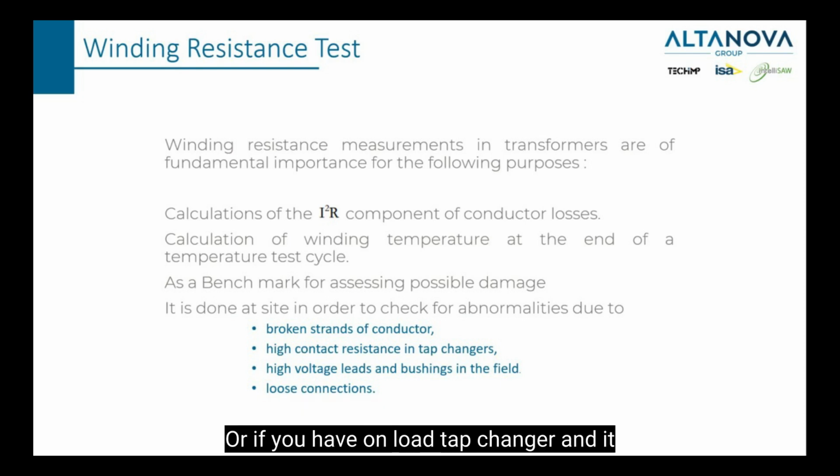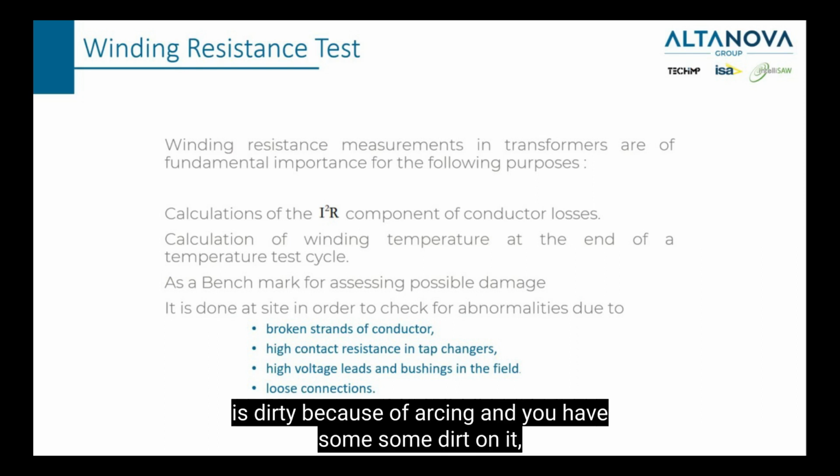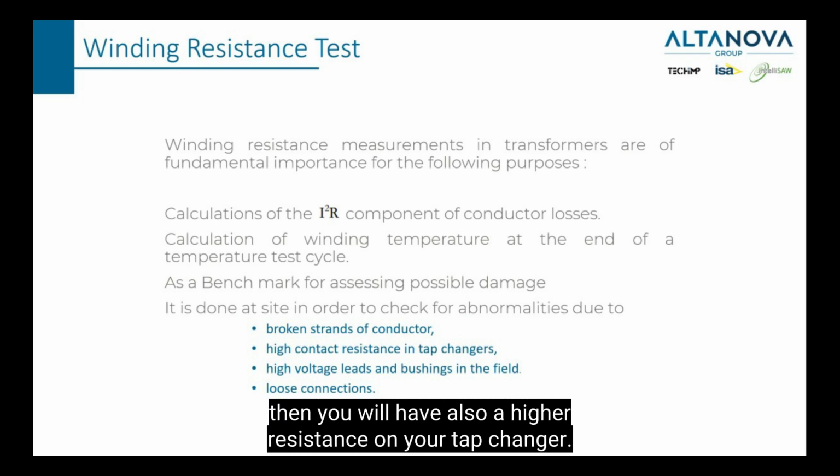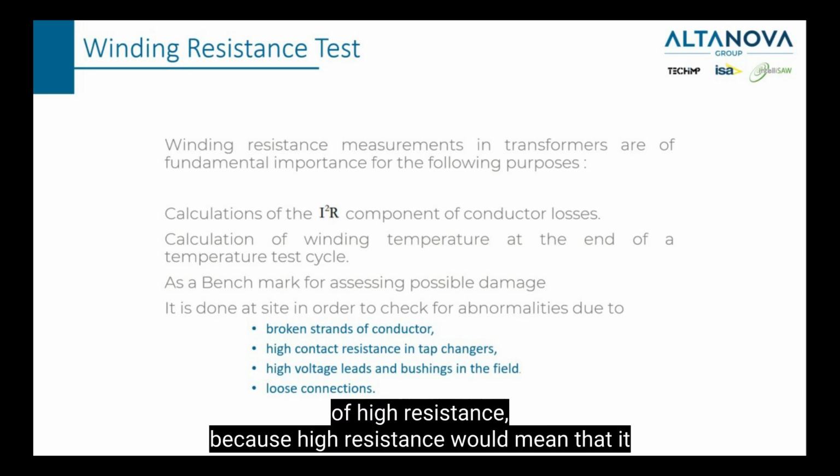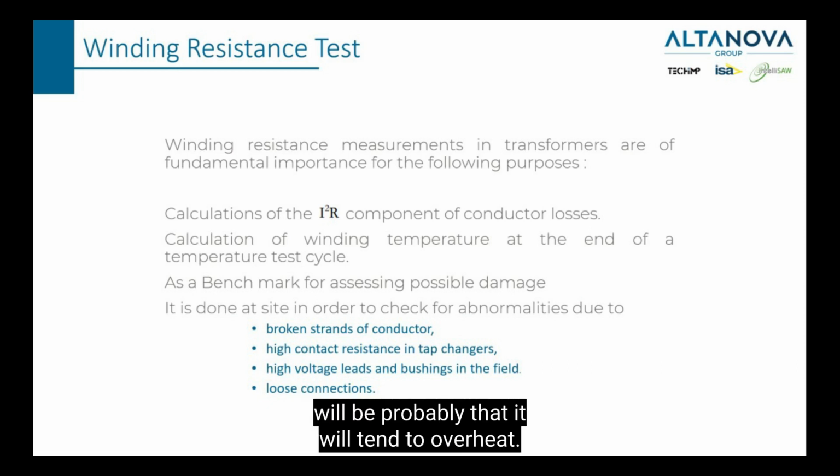Or if you have an on-load tap changer and it is dirty because of arcing and you have some dirt on it, then you will also have a higher resistance on your tap changer. So basically, you don't want the transformer to be overheating because of high resistance, because high resistance would mean that it will probably tend to overheat.